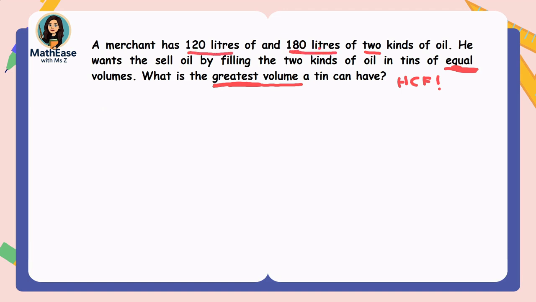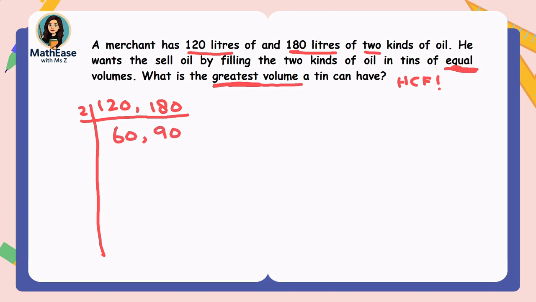Let's begin by writing down both 120 and 180 like we always do. We make the lines that we use for prime factorization. Now, let's divide them by 2 since they're both even. So 120 divided by 2 is 60 and 180 divided by 2 is 90. We have even numbers again, which means it's time to divide them by 2 again.